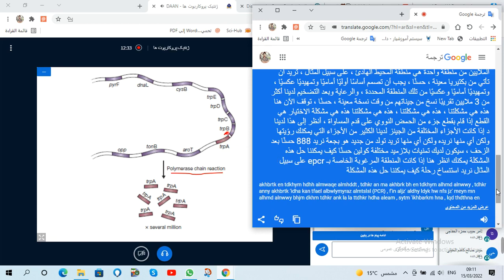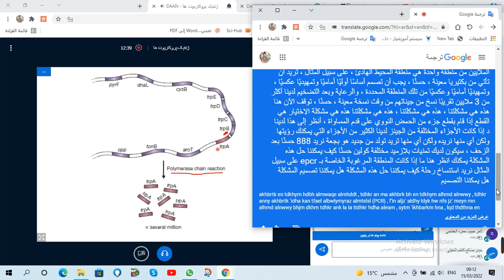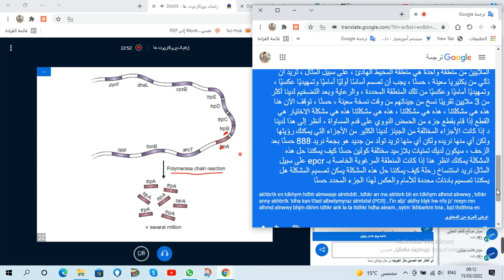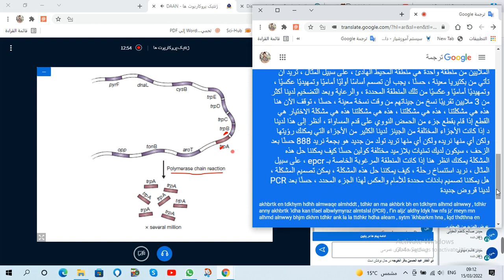We can design specific primers, forward and reverse primers, for this specific fragment. After the PCR, we have millions of these AAA fragments, and then we can clone this fragment.